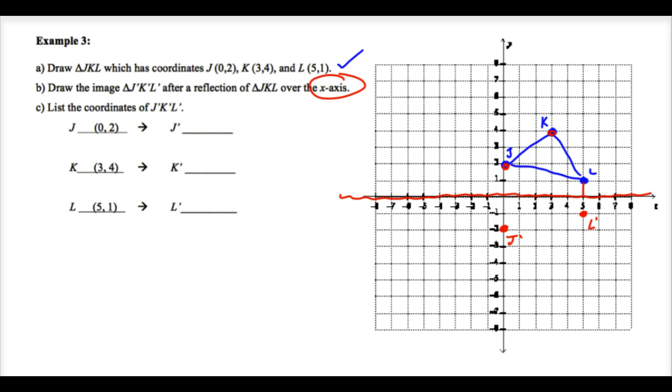Therefore, K is now 4 spots away. The coordinates, we're flipping it over the x-axis, so the only thing that changes is the y values.